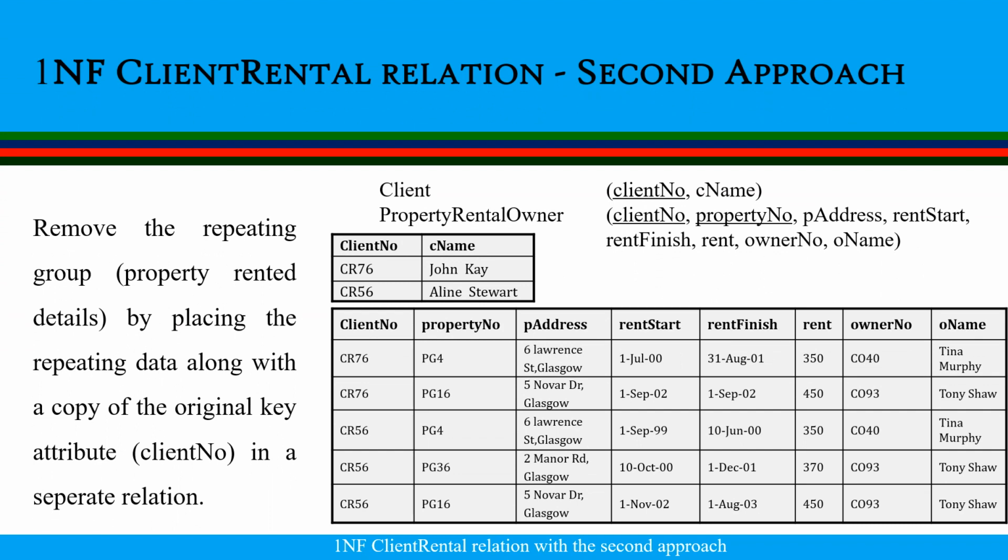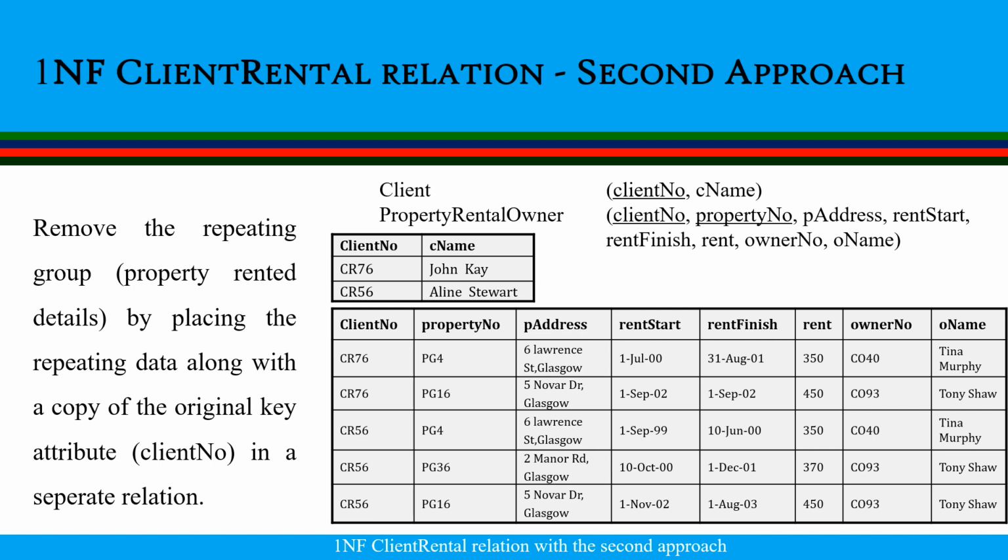Using the second approach, we can remove the repeating group by placing the repeating data along with the copy of the original attribute in a separate relation. That is, here we are decomposing the relation into two. We are decomposing the original client rental relation into the client relation as well as the property rental owner relation. The client relation will have the client details, client number followed by the client name.